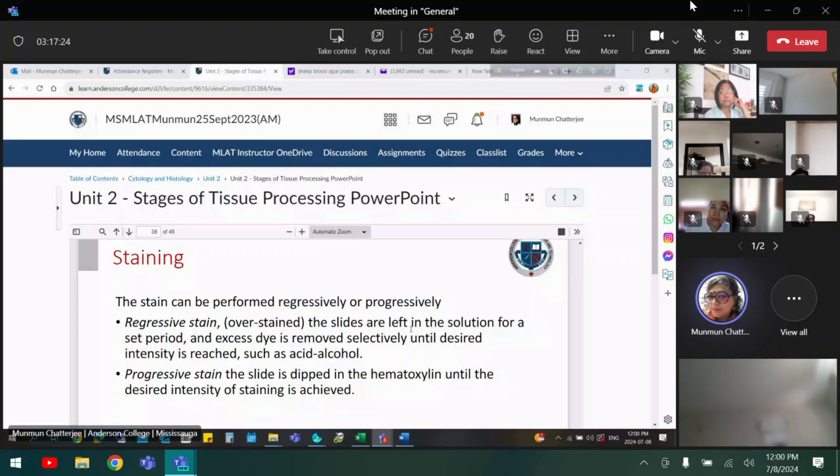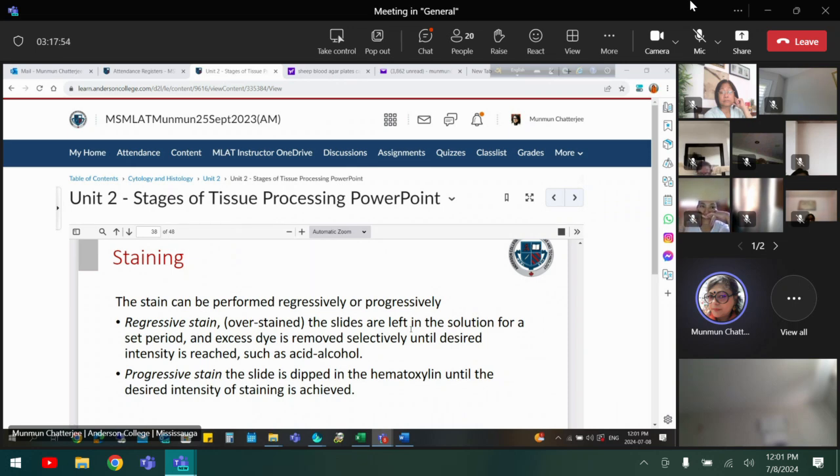So the stain can be performed regressively or progressively. In a regressive stain, you overstain. The slide is left in the solution for a set period and excess dye is removed selectively until the desired intensity is reached, such as with acid alcohol. In a progressive stain, the slide is dipped in the hematoxylin until the desired intensity of staining is achieved.